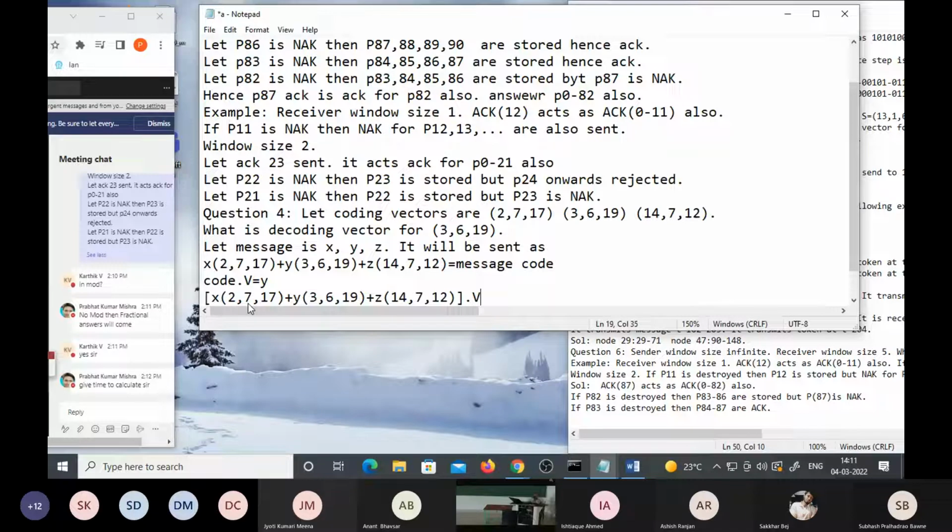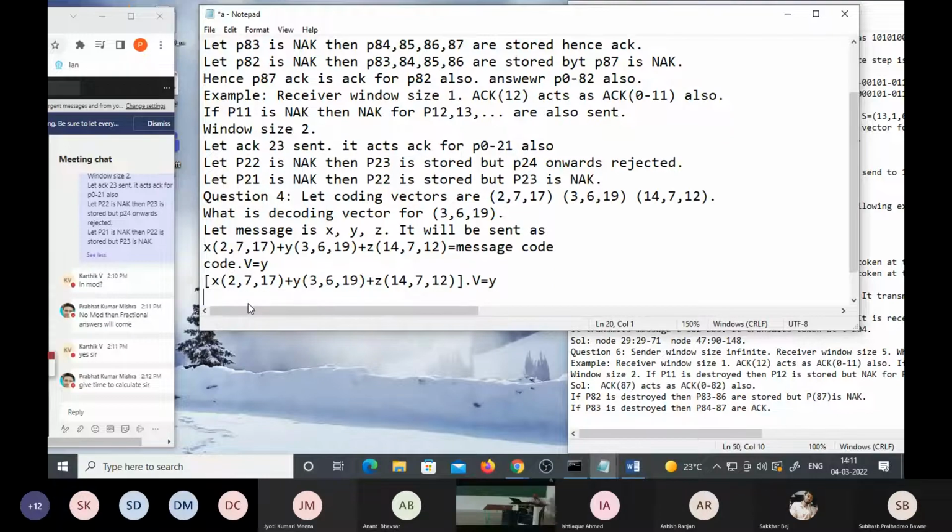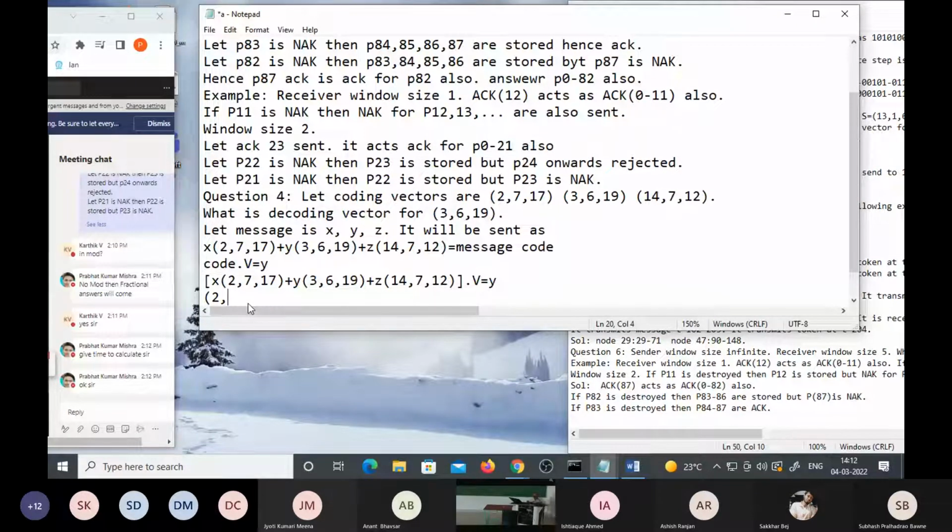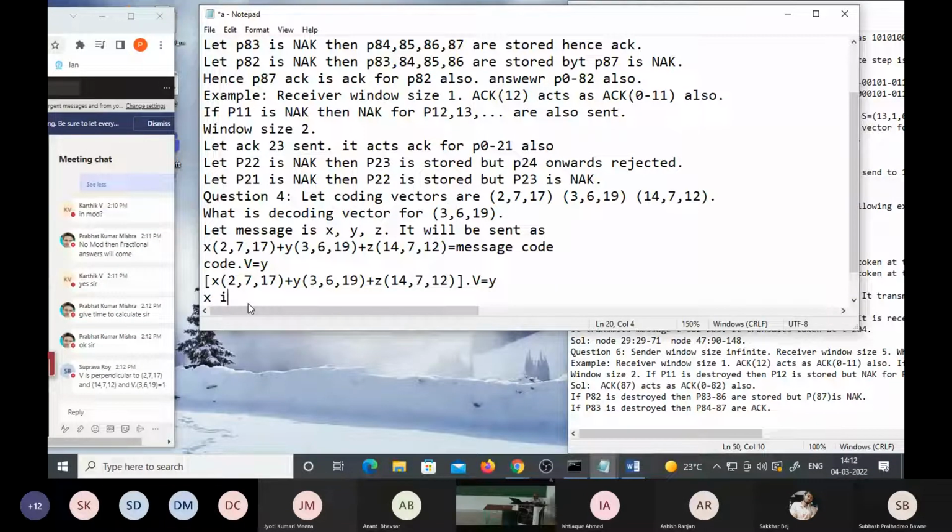No, no, you see, you will not be able to calculate it very fast. I want to tell the general method. This is equal to y, what can we conclude? Because x is general, X can be anything. X and Z can be anything.